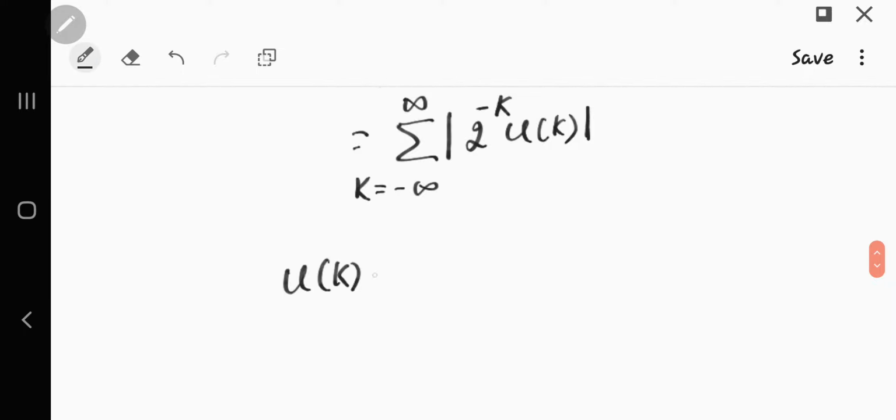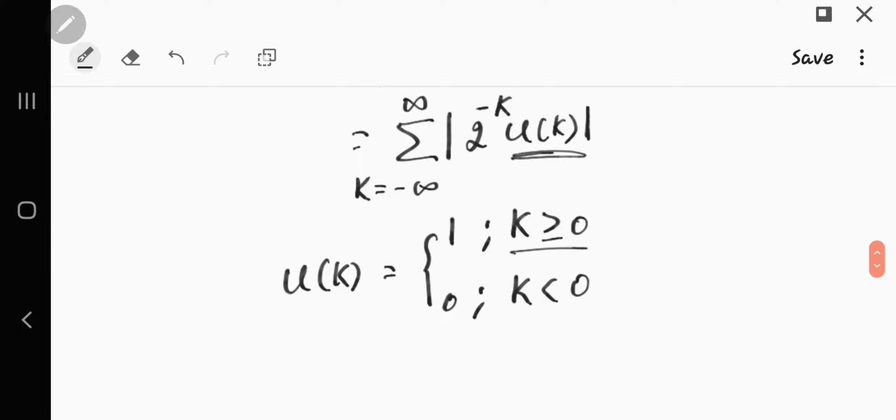So u of k is equal to 1 for k greater than or equal to 0, and it is equal to 0 for k less than 0. So our limit changes from minus infinity to plus infinity into 0 to infinity, because only for positive values of k, u of k will be 1.